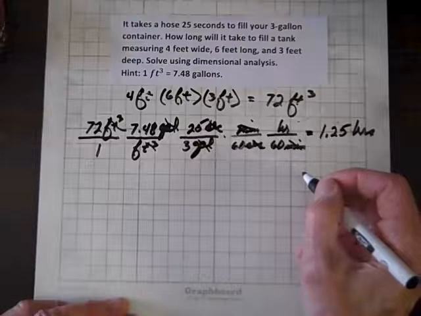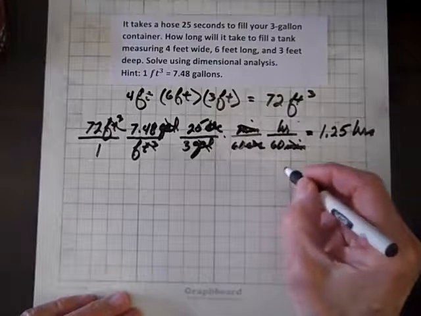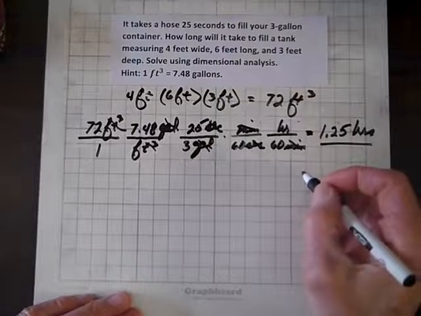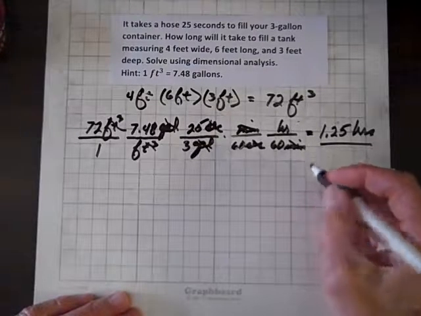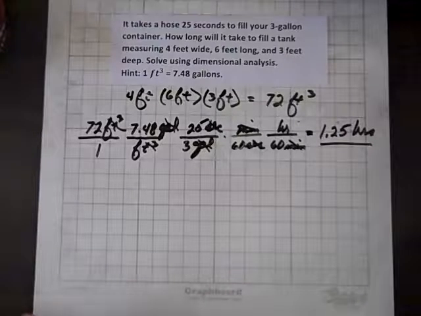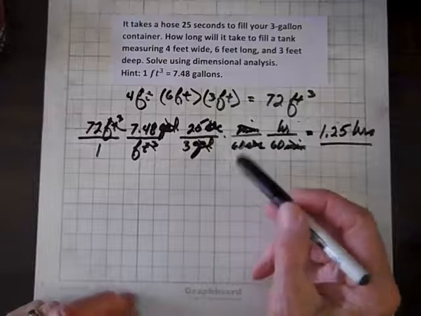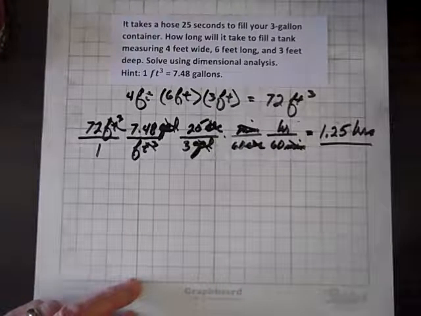That's 1 1/4 hours, which corresponds to about an hour and 15 minutes. And so that's the time it would take to fill up this tank with the given hose. And we are done.